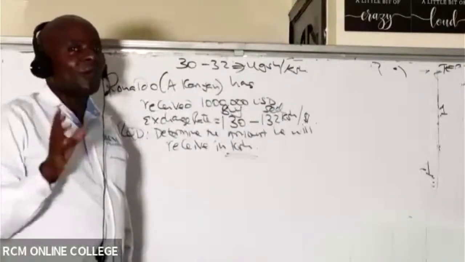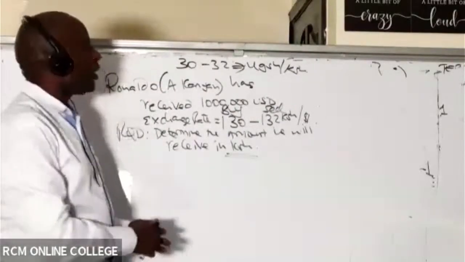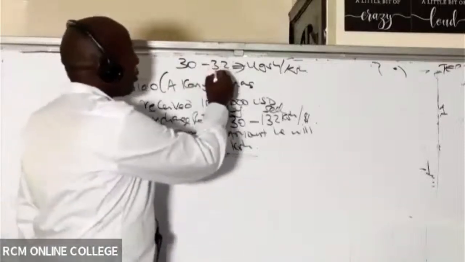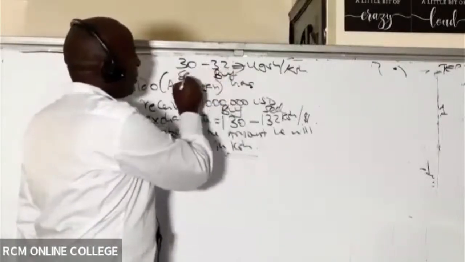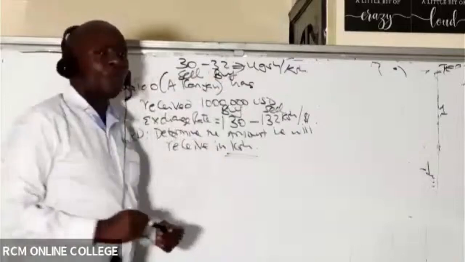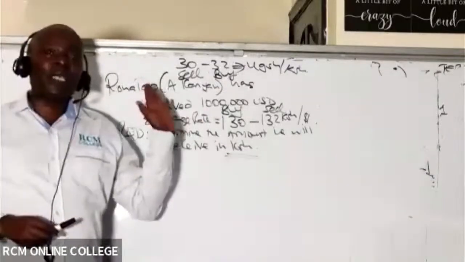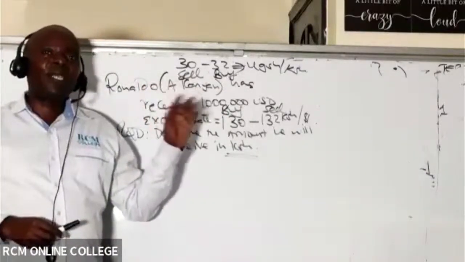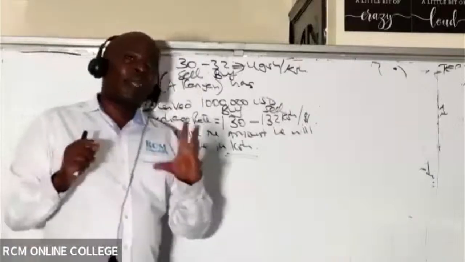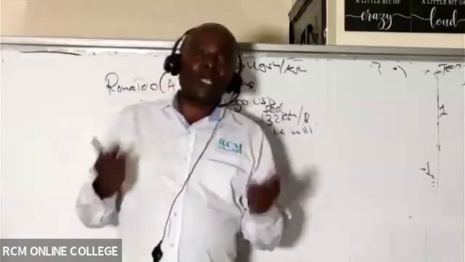Ukiconfuse unapata zero entire question. So ladies and gentlemen, in this case hapa tuko na 32. This 32 becomes the buy. This becomes the sell. So buy versus sell. You can see now the example of the cow. Don't tell me it depends on how. Normally it's about which currency is weaker.